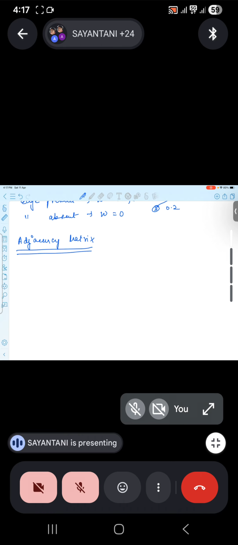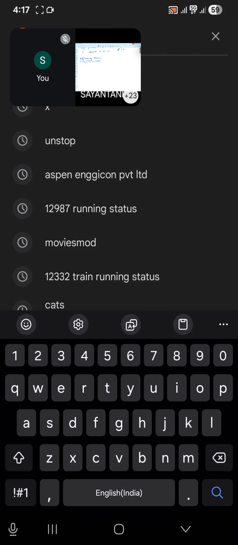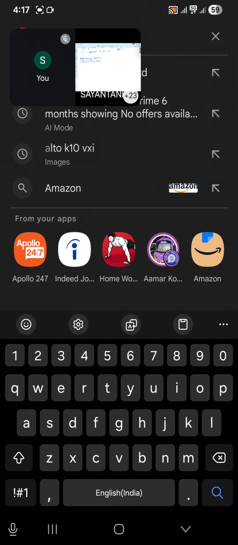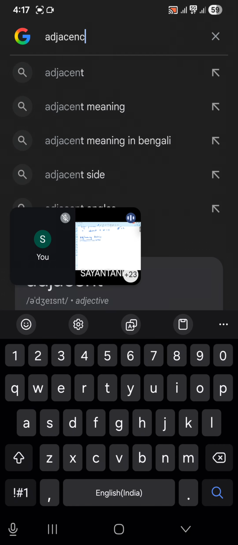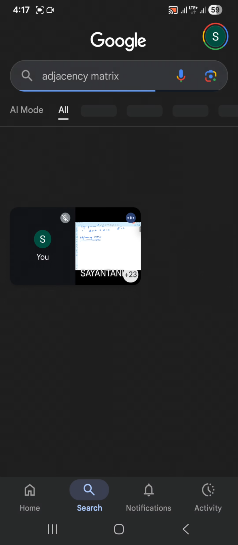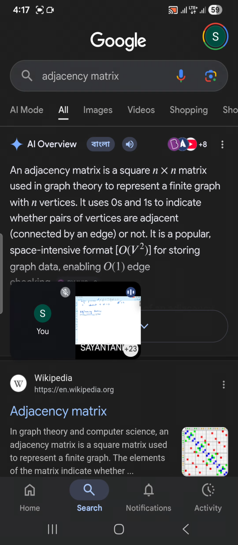Can anybody tell me what is the adjacency matrix in graph theory? You must have studied it. A matrix visualization of the graph. Right. So basically it's a matrix that tells me which nodes are connected to which other nodes via links.